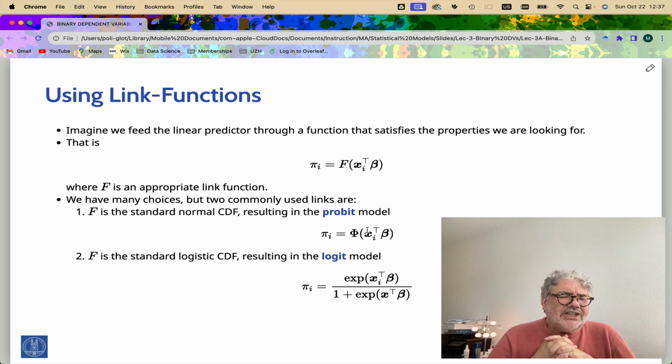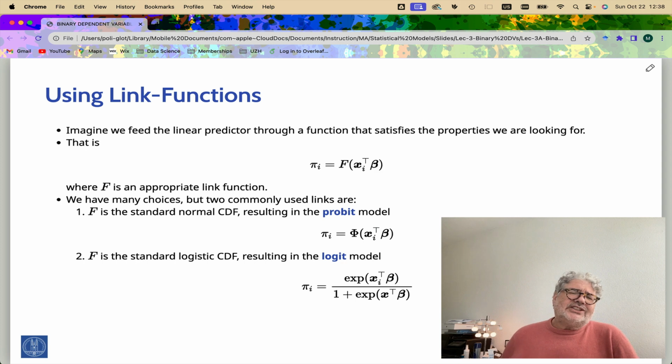Historically, the first link function that was proposed is actually the probit link function. That's the one that you see here, and it uses the standard normal cumulative distribution function as capital F. This is a very complex function to work with. There is no closed form for that capital phi, that standard normal CDF.